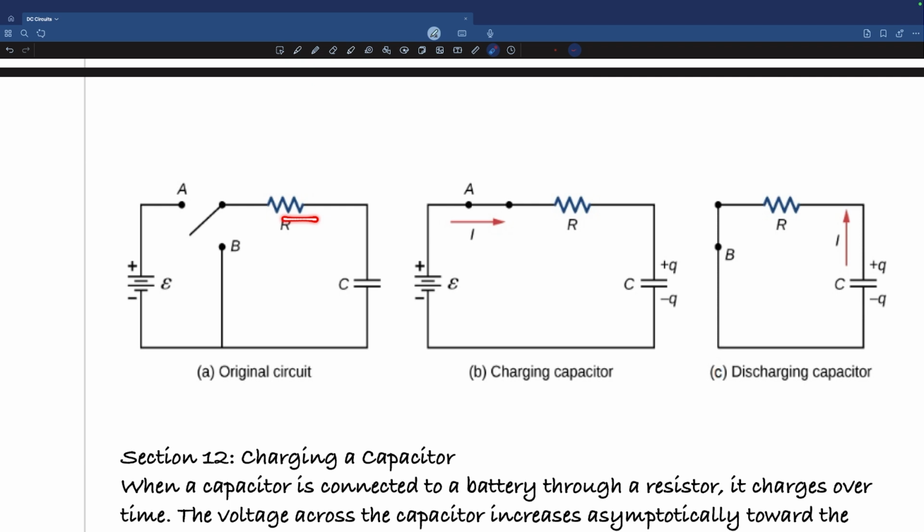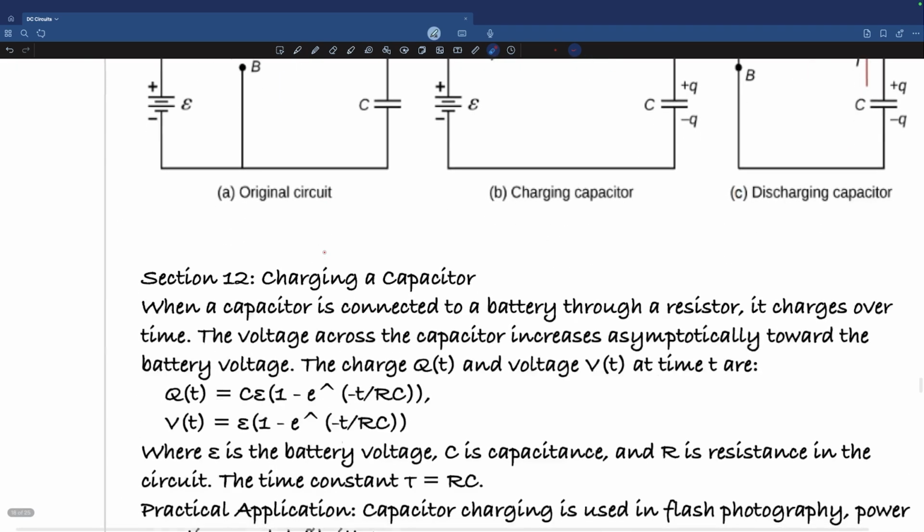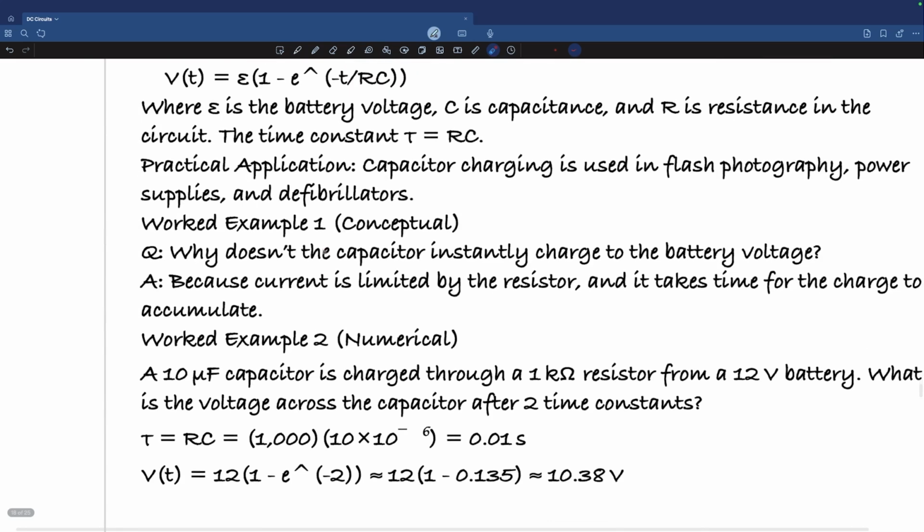That's why usually the resistance used is big, like 1 megaohm or 2 megaohms of that order, because you want the capacitor to accumulate charge slowly. When I say slowly, it could be just 1 or 2 seconds, but in the electrical world, that's slow. We are trying to slow down the charging of a capacitor.